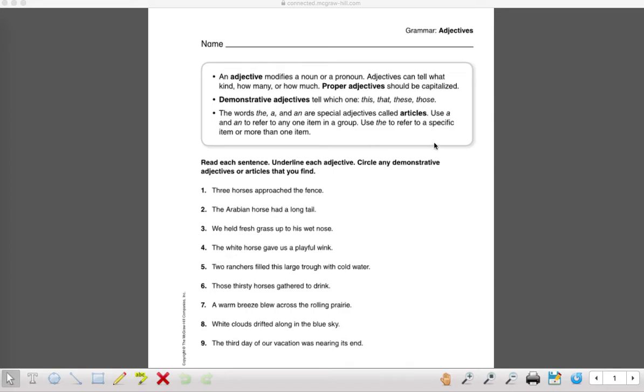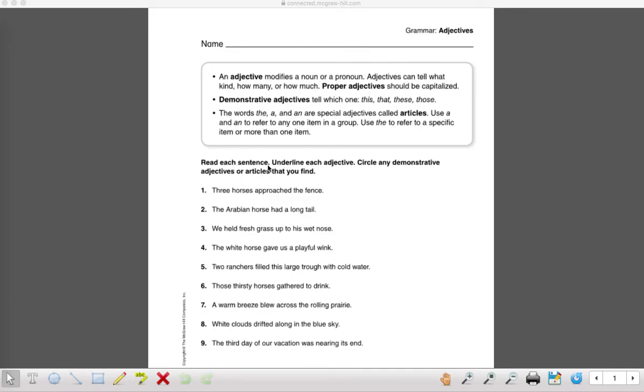So if you were to say, I need to get an apple from the store, it could be any apple. But if you want the apple that's in the fruit basket on your kitchen counter, you're talking about a specific apple. Or it could be, those apples or the apples from the basket.